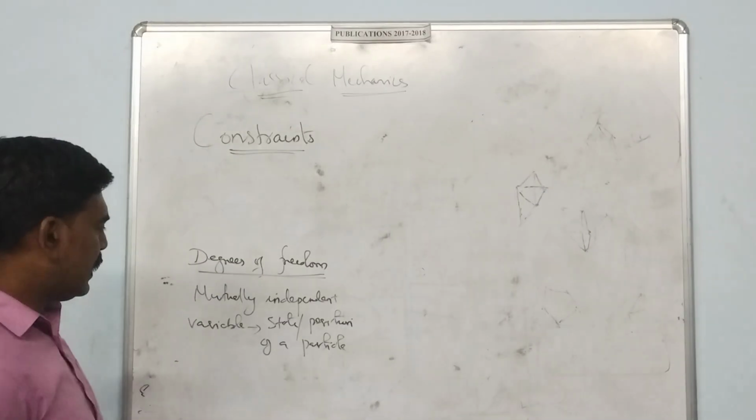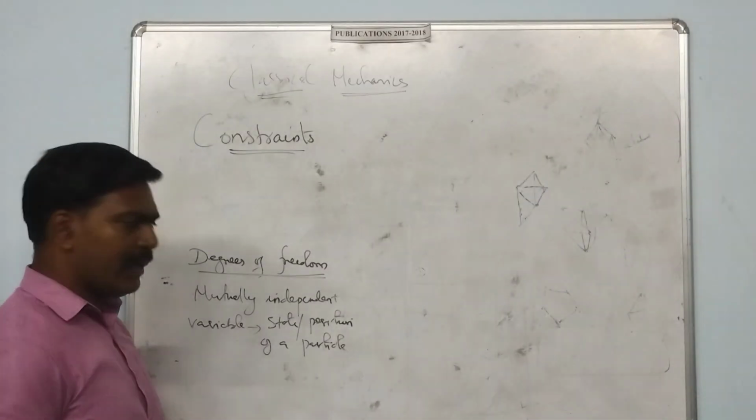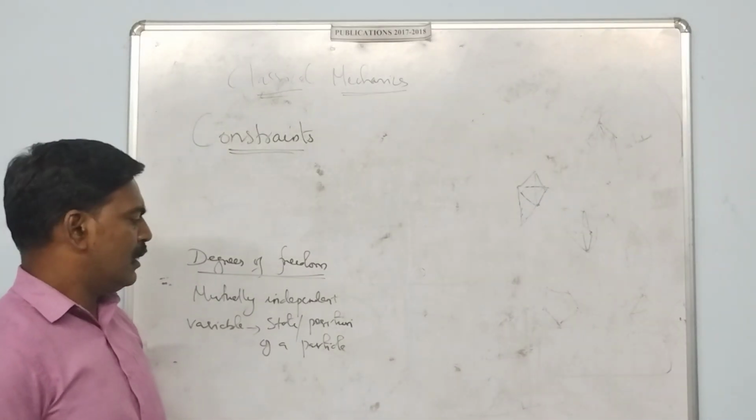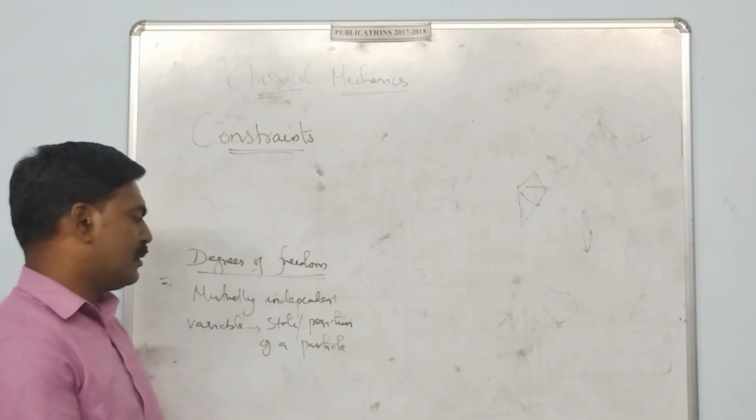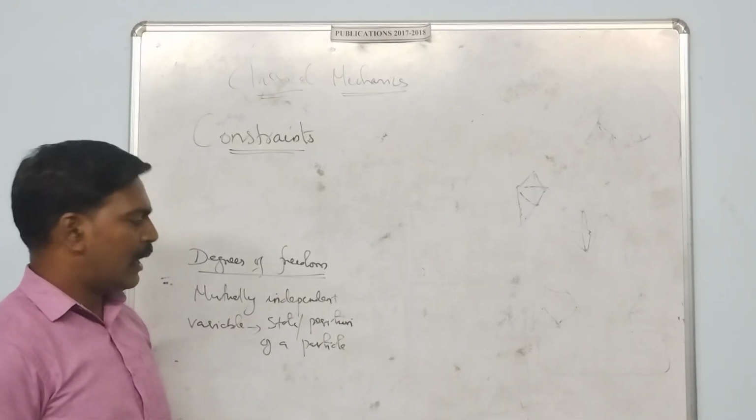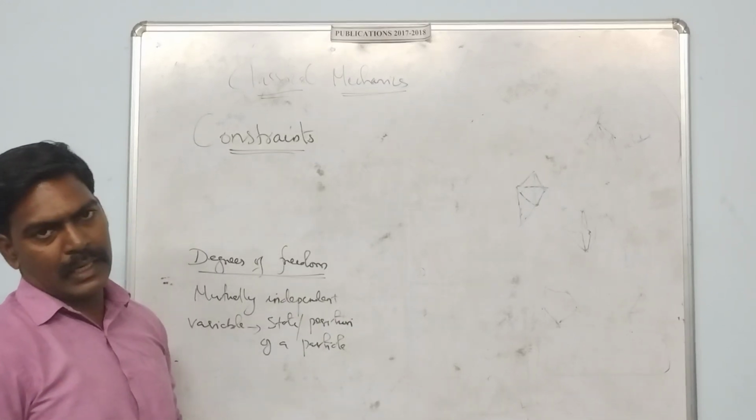So degrees of freedom is an independent variable which is used to define the state and position of a particle.